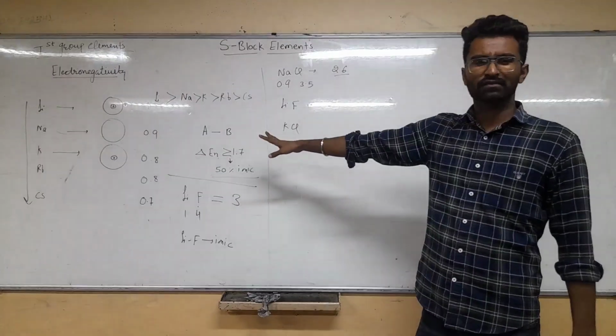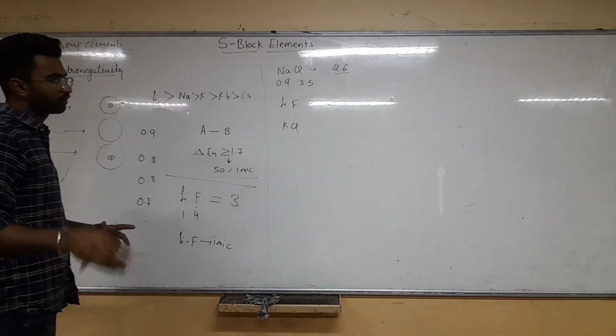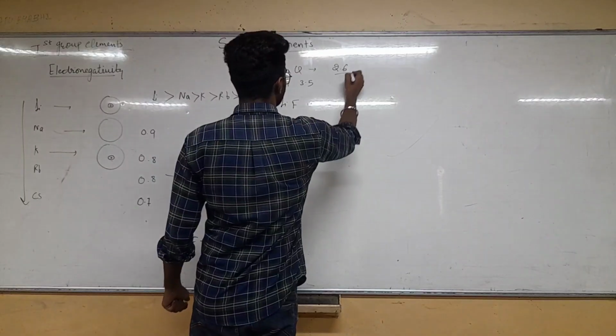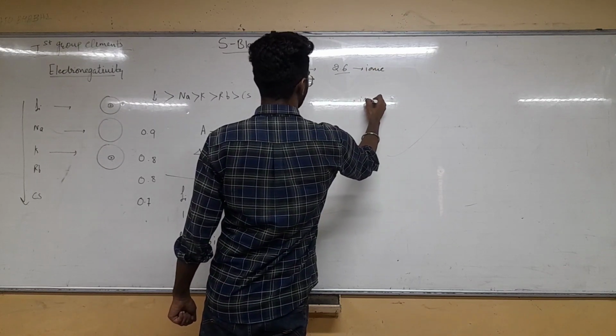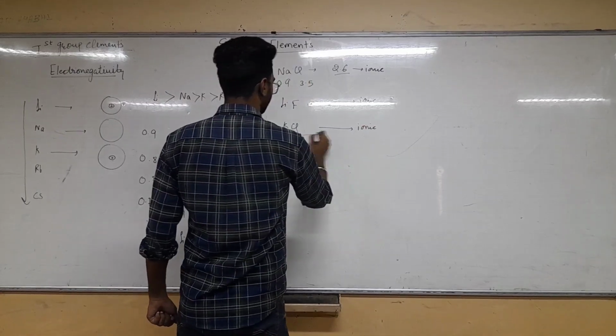This is the simplest way, I think, to know what kind of bond is there. So this is our bond type. This is ionic. This is also ionic.